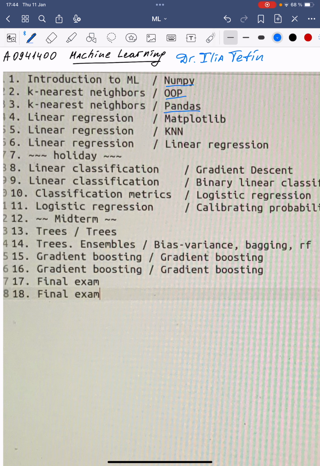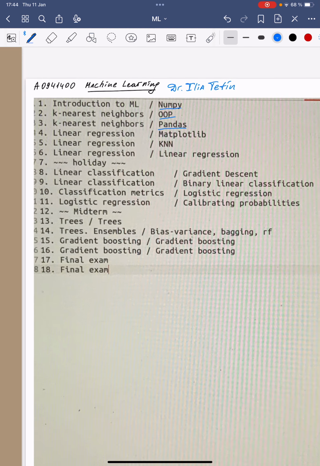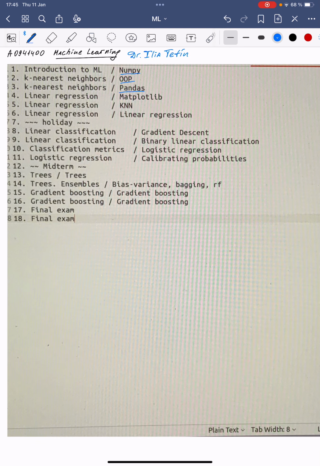So each lecture will be followed by a seminar, and after the seminar you will be given a homework. Not each lecture, but there will be around 6 or 7 main homeworks in the course. I believe 7 is the best possible number.